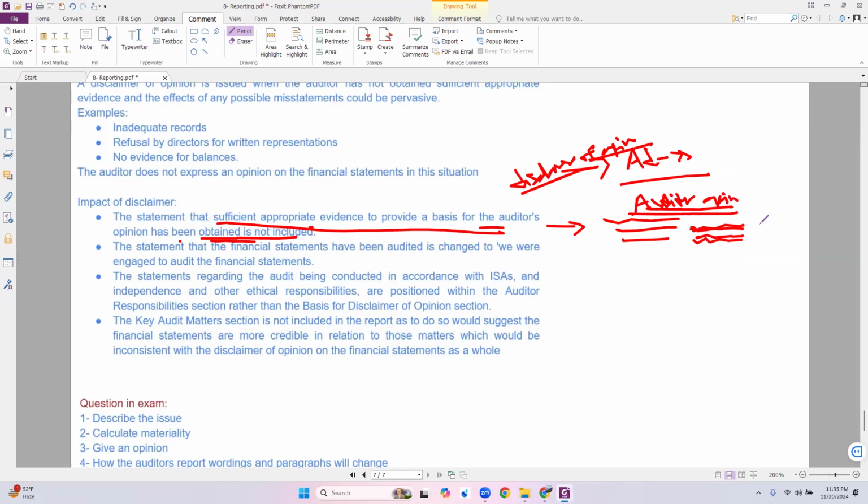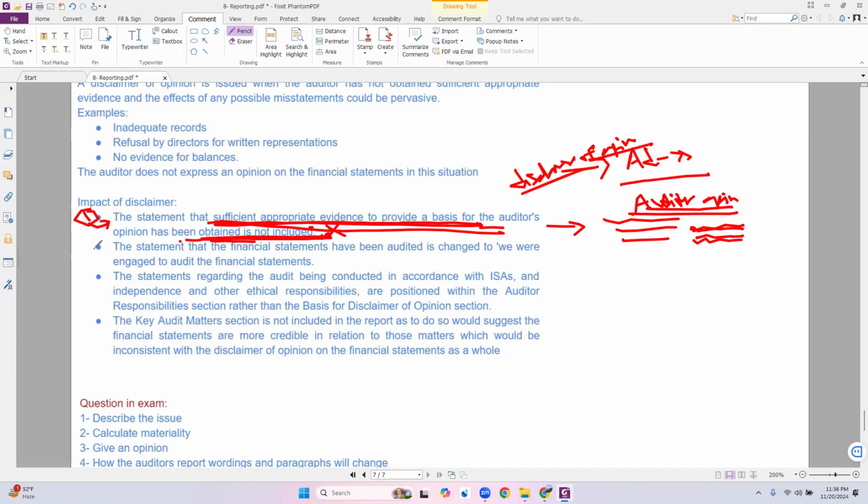But when they are giving a disclaimer of opinion, this line is not included anymore. That's the number one thing that you need to remember. Within disclaimer of opinion, the statement that sufficient and appropriate evidence to provide a basis for audit opinion has been obtained is not included anymore.